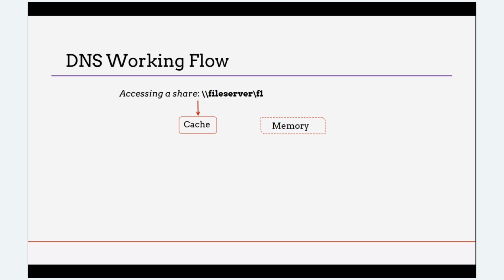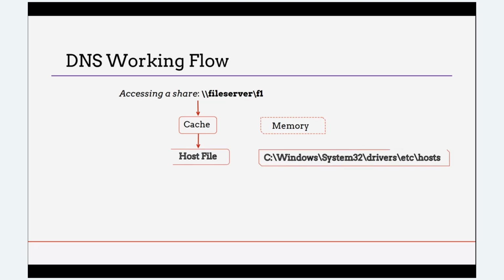So let's say the thing that you're searching for is not available in the cache. The next place it goes to is the hosts file. Here in the hosts file, you can specifically provide the name and the IP address to which you want it to resolve. Therefore, this also makes the querying much faster. And this hosts file is available under system32 drivers etc hosts.